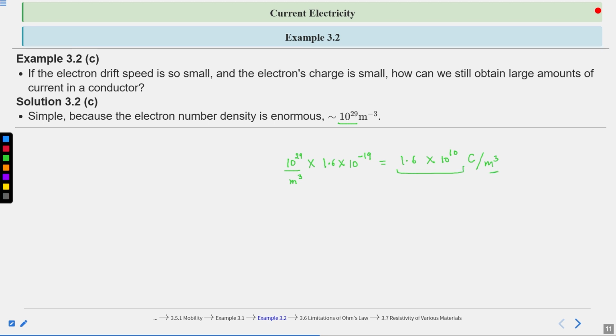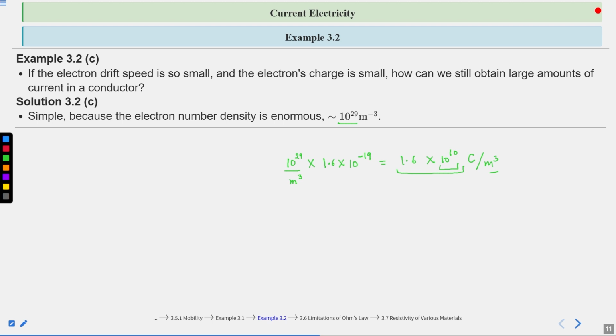Okay, we know that 1 coulomb is a very large unit. In electrostatics, we used microcoulombs, millicoulombs, and picocoulombs. We rarely used 1 coulomb. So the order of 10^10 coulomb is a very large charge.